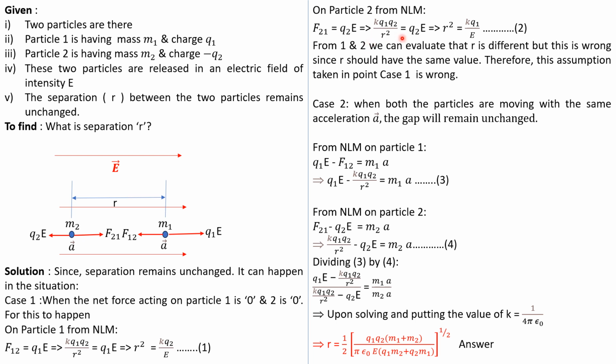We put the value and we get R square equal to K q1 divided by E. If you see equations 1 and 2, q1 has a different value than q2, so the value of R obtained from 1 will be different from the value of R obtained from equation 2.